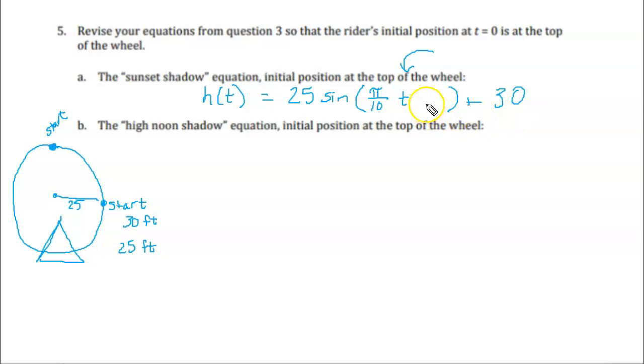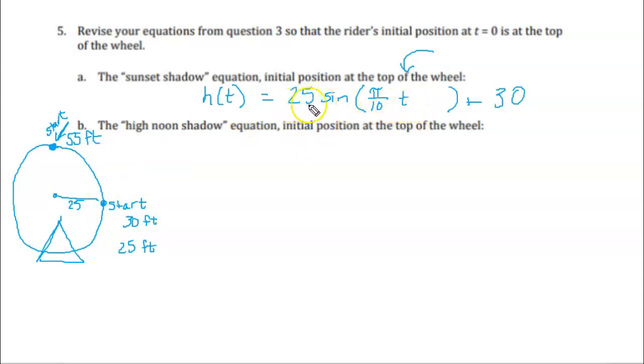But now I want my t to be 0, but I want my output to be what the output was here. See, here we were 30 feet above the ground. Up here we were 55 feet above the ground. So here is where I need my output to be. In order for this to be 55, I'm going to have to multiply 25 times 1 instead of 0.